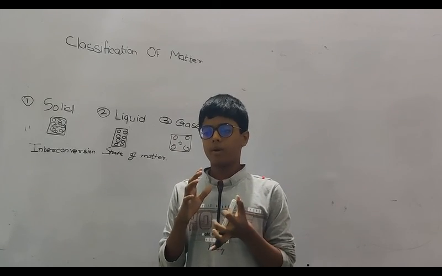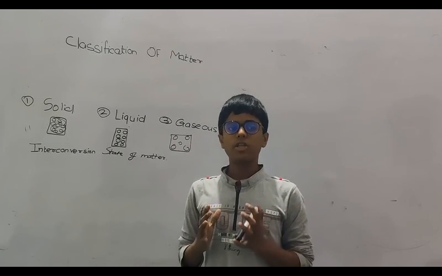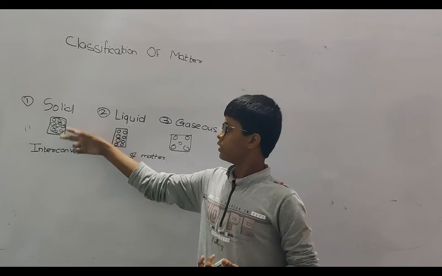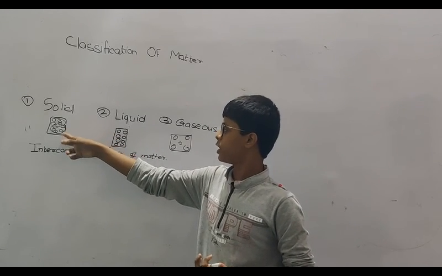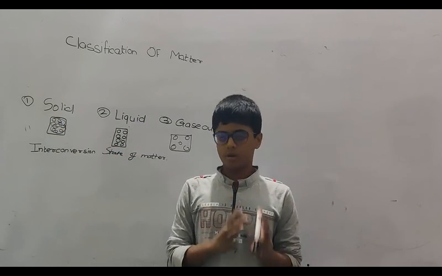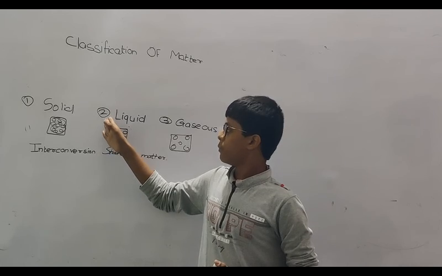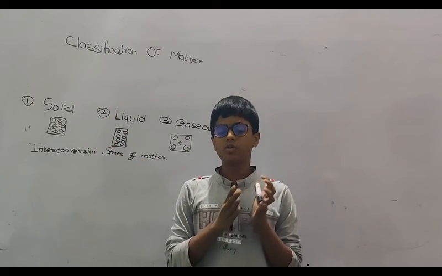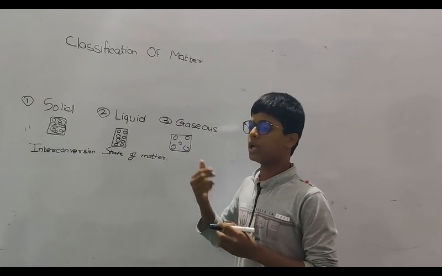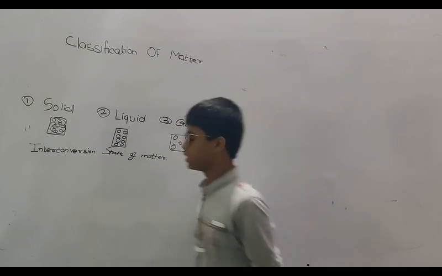It means that when we apply pressure or temperature to a solid, it can change state from solid to liquid. If we apply temperature and pressure to a liquid, it changes into gas. Gases can change into vapors and can also change into droplets.